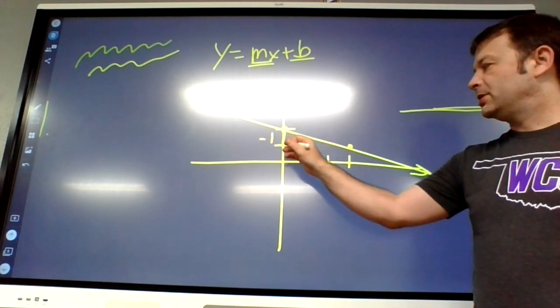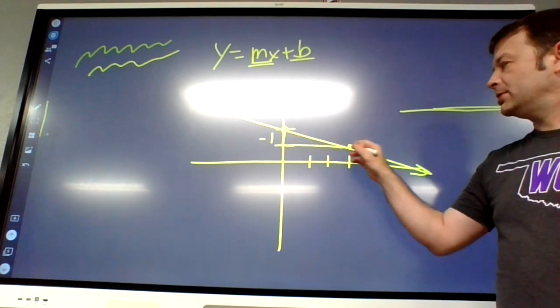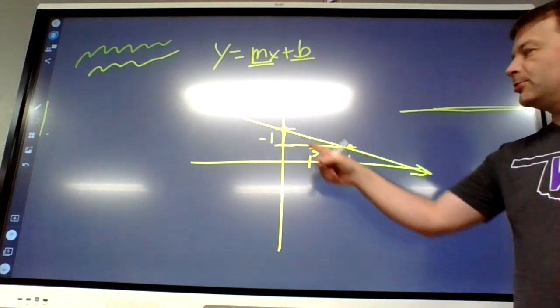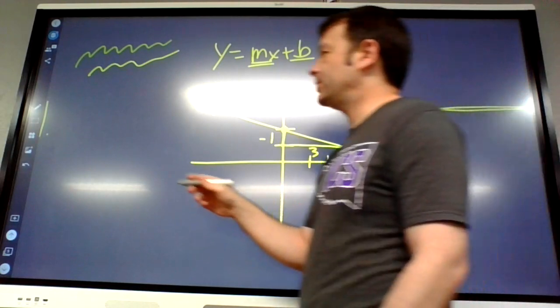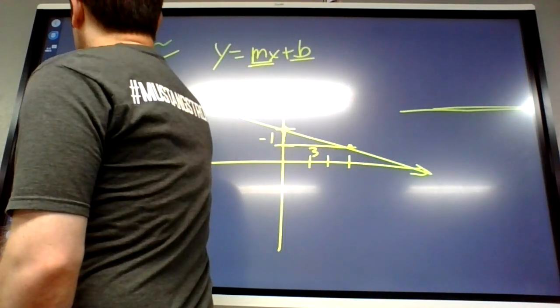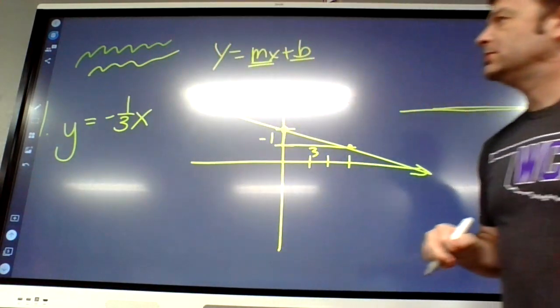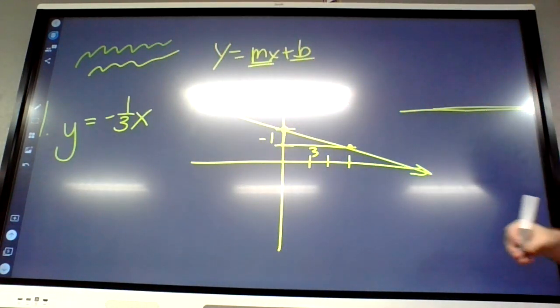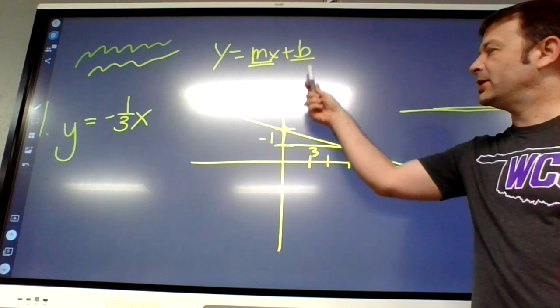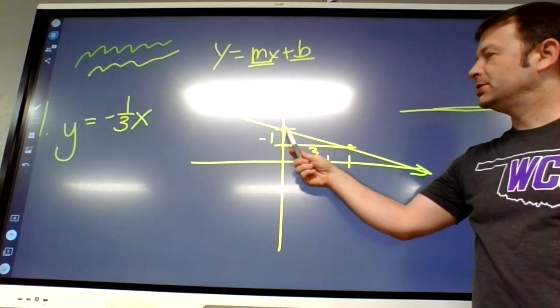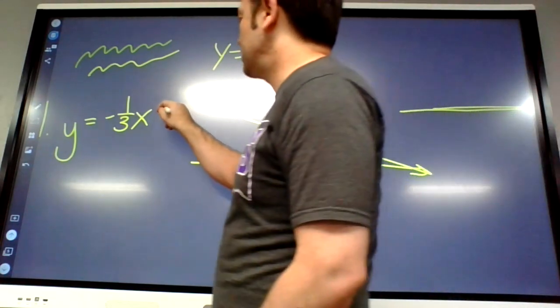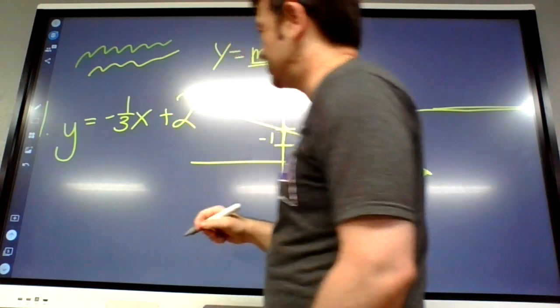Okay, and then what's the run? 3. So the slope is rise over run, -1/3. So y equals -1/3 x. Then what comes next? The y-intercept, which is 2. So just a plus 2 right there.